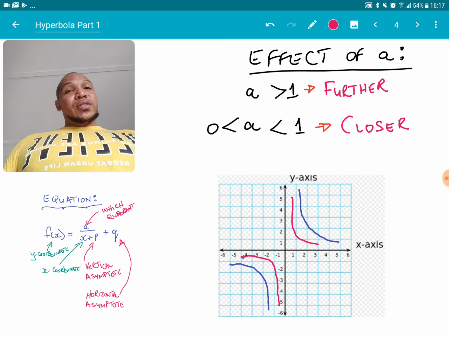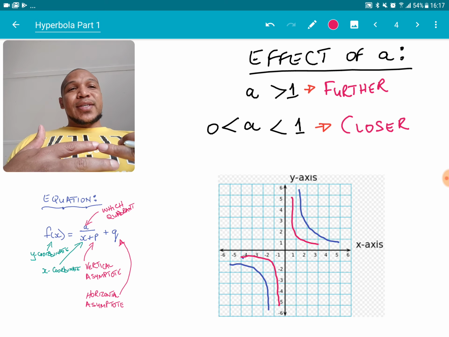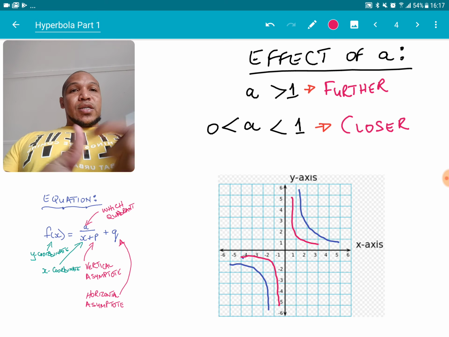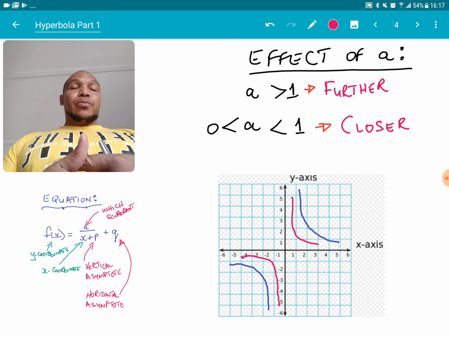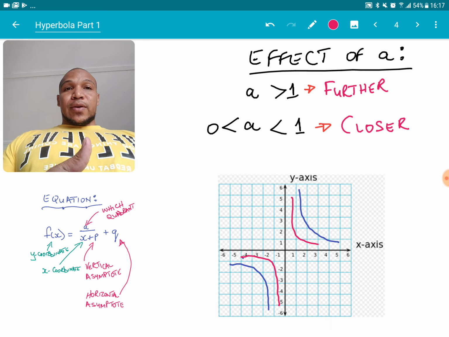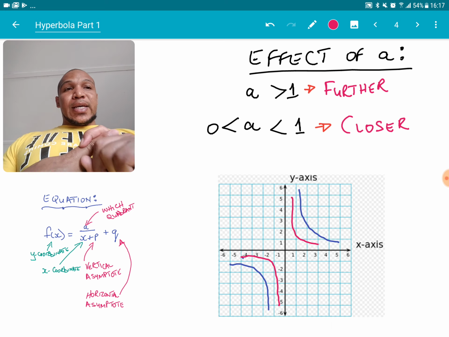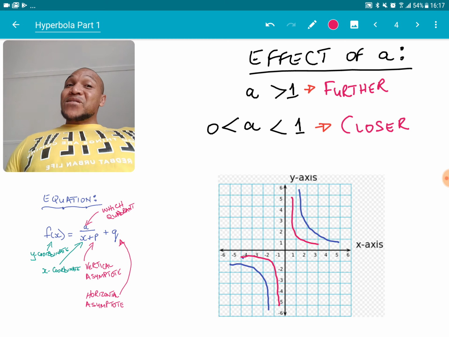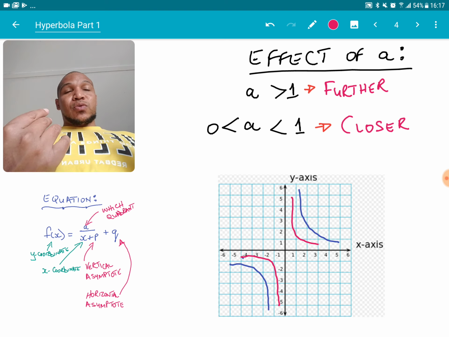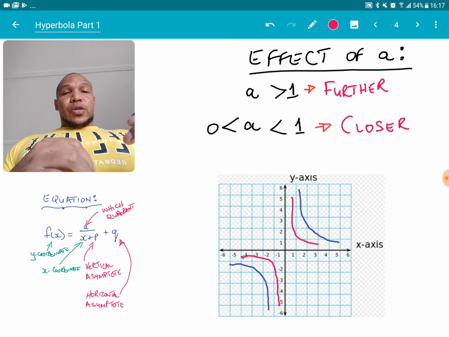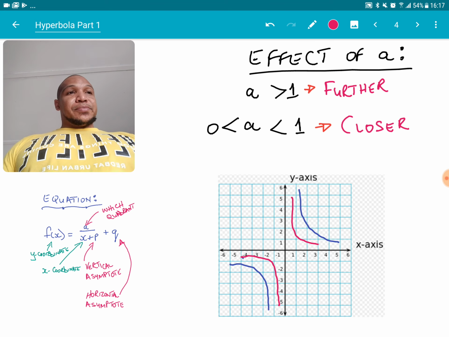Between 0 and 1, closer. And that's the effect of A. So when A is positive, quadrant 1 and 3. When A is negative, quadrant 2 and 4. When A is greater than 1, further away. And when it's smaller than 1 and greater than 0, it will be closer to the axis.